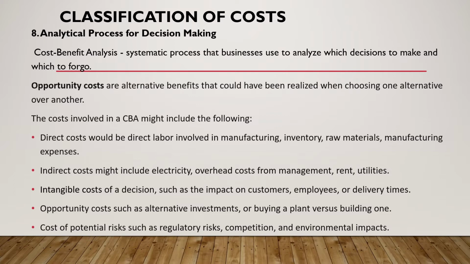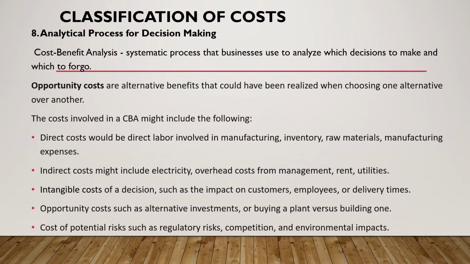In many models, a cost-benefit analysis will also factor the opportunity cost into the decision-making process. Opportunity costs are alternative benefits that could have been realized when choosing one alternative over another. In other words, the opportunity cost is the foregone or missed opportunity as a result of a choice or decision.